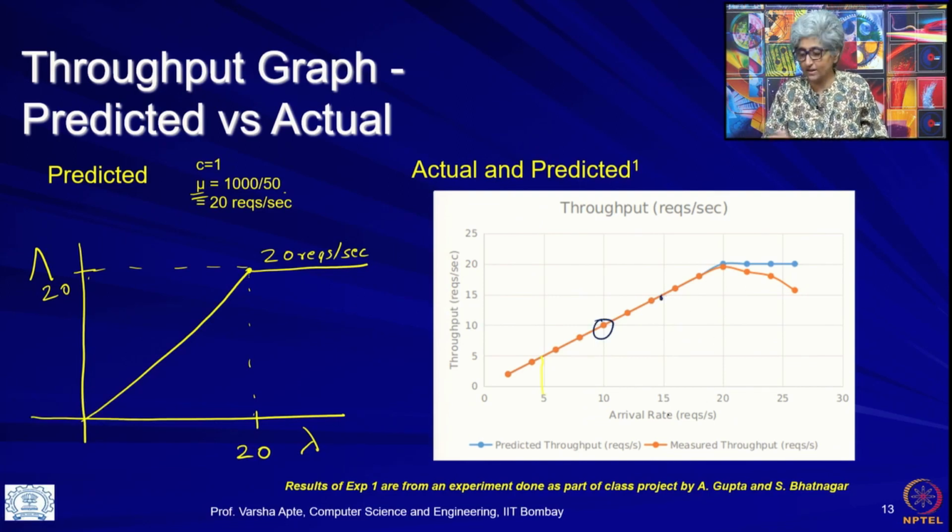So, the way we predicted theoretically is exactly what was measured. At 20 it is also just about 20. This orange line is measured and the blue line is the predicted, the calculated one. After 20 there is some divergence. You will rarely see this flattening out in real systems. We will discuss the reasons why later; today I am just showing this to you.